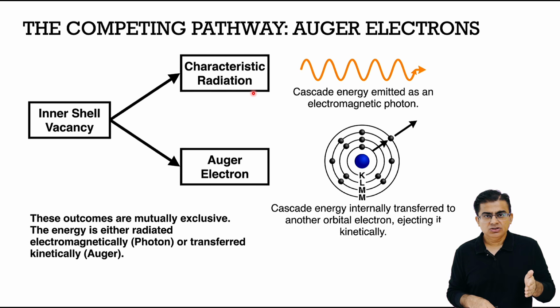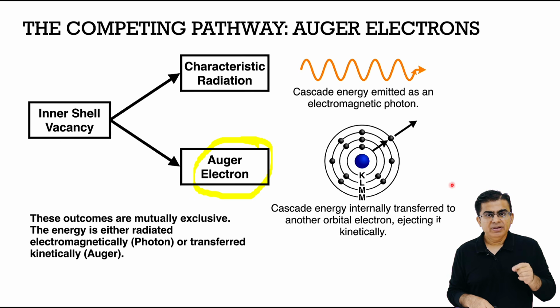An outer electron drops down and simply releases its extra energy as a characteristic X-ray. We have seen that just now. But there is another completely different pathway called the Auger effect. In this specific scenario, the atom does not release any electromagnetic radiation at all.